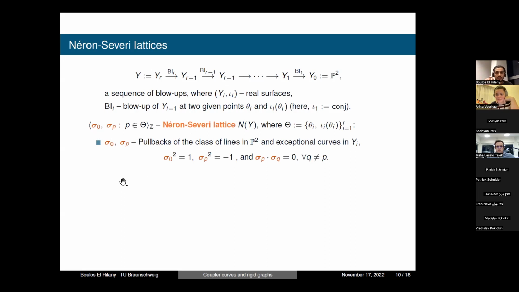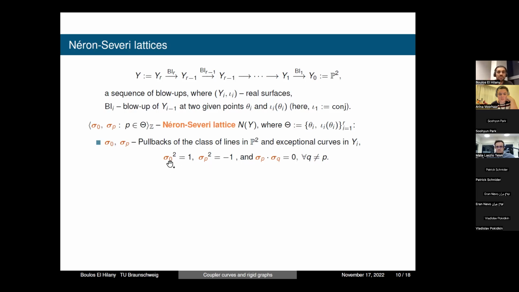Sigma 0 represents a generic line in P2, and each sigma p represents a point in the blowup, and we also have some relations. These encode the algebraic geometry of curves in P2.